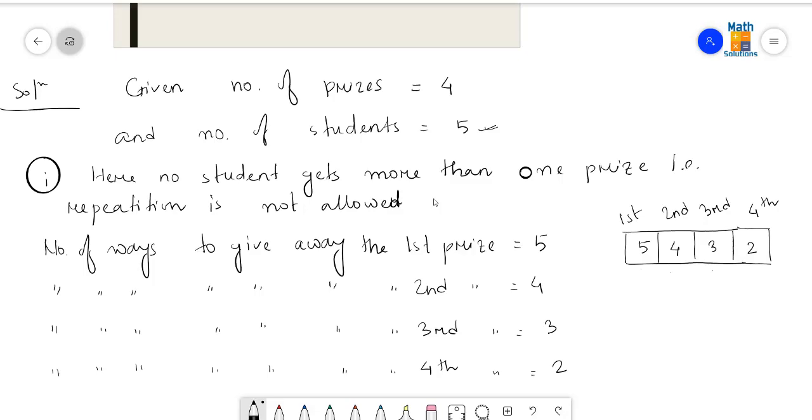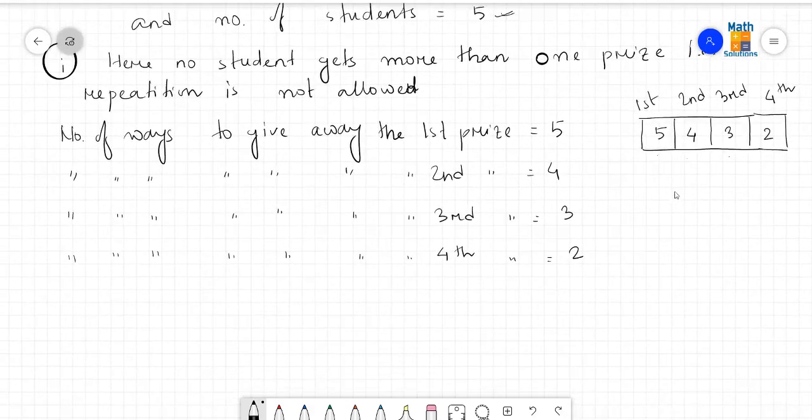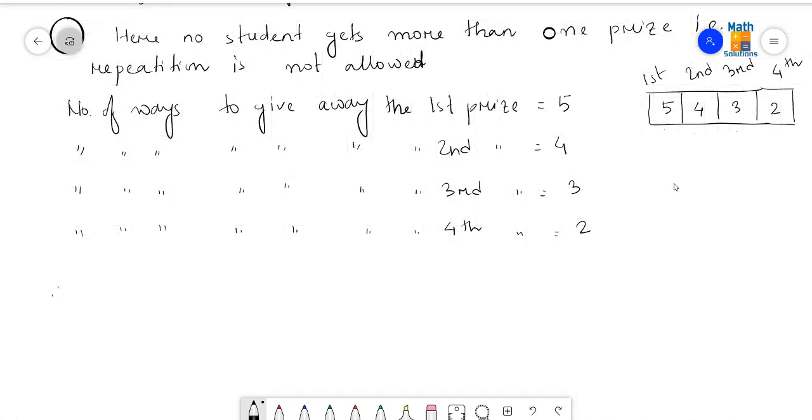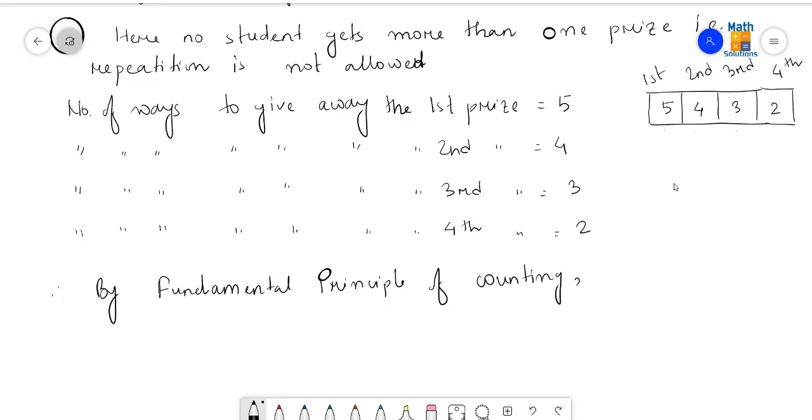So none of the prizes we can ignore. Therefore by the fundamental principle of multiplication, the fundamental principle of counting, actually multiplication comes under counting only, the total number of possible ways will be equal to, just we have to multiply all these figures, 5 into 4 into 3 into 2, and our answer will be 120.